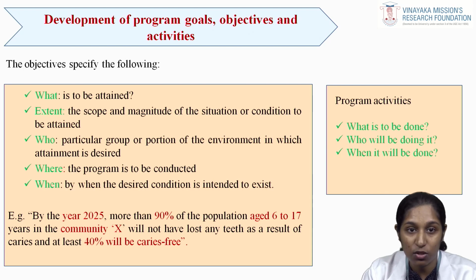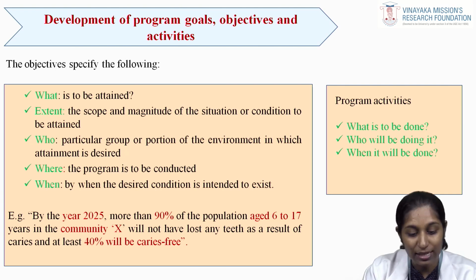An objective should specify the nature of the situation or condition to be obtained. It should specify the extent, that is the scope and magnitude of the situation or condition to be attained. An objective should specify the target population, where the program is to be conducted and by when the desired condition is intended to exist.